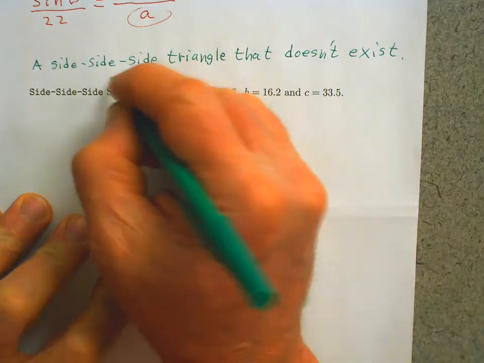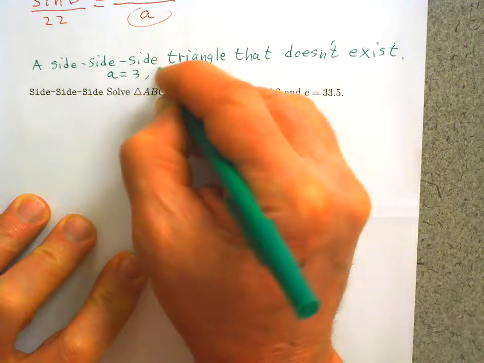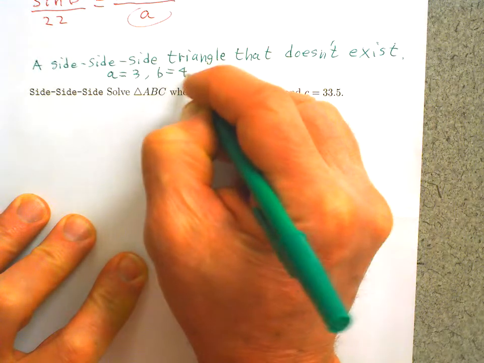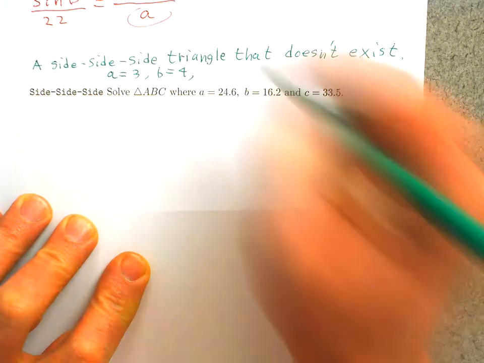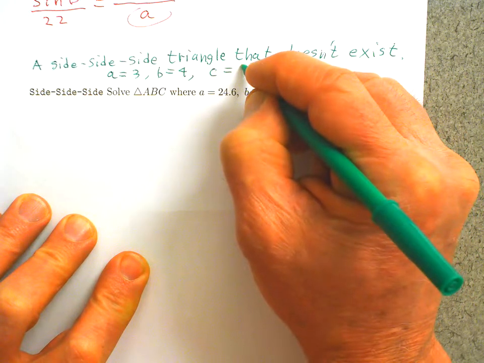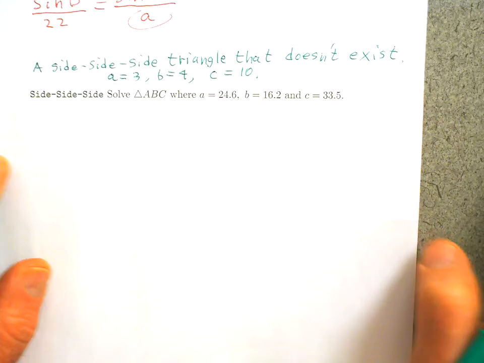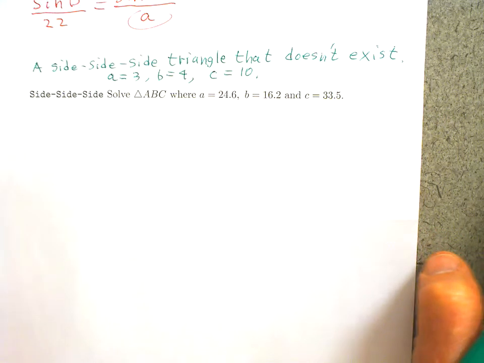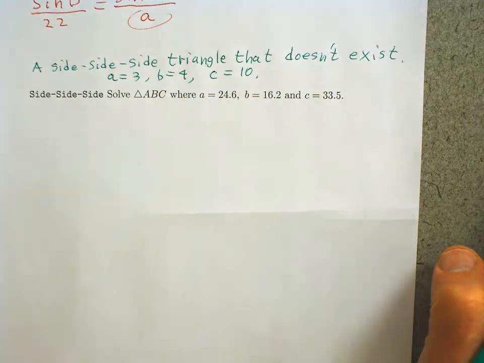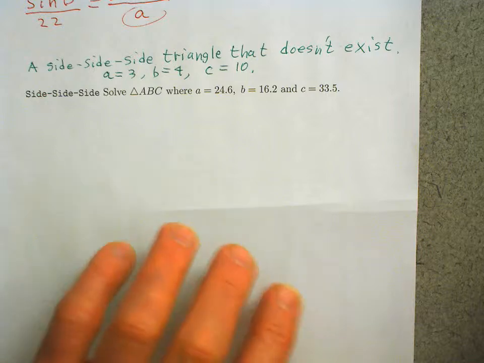So suppose you have A equals 3 and B equals 4 and C equals 10, then that can't exist.